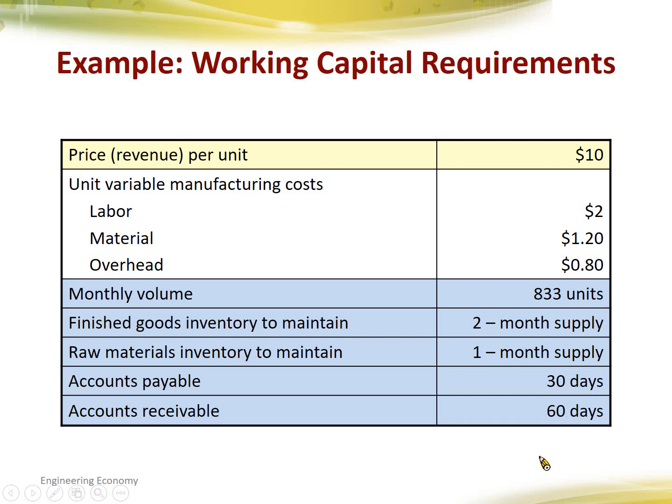Finished goods inventory to maintain, you always keep 2 months of supply. Okay, so there will be 2 months of the product that you cannot get the money back. Raw material inventory to maintain, 1 month of supply.